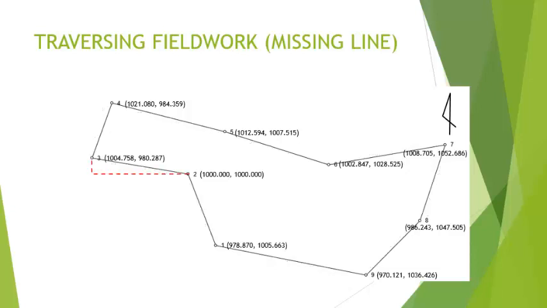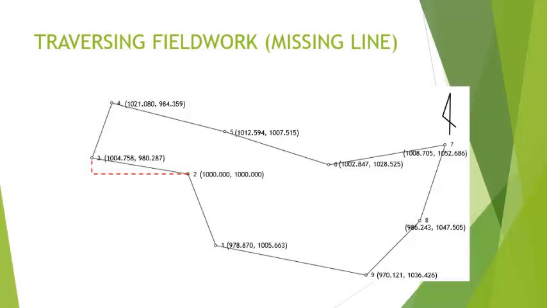Now, as you can see, the red line shows the directions of latitude and departure. From station number 2, the departure is towards the west direction, which reduces the value of easting from 1000 east to a lesser value, which is 980.287 east.